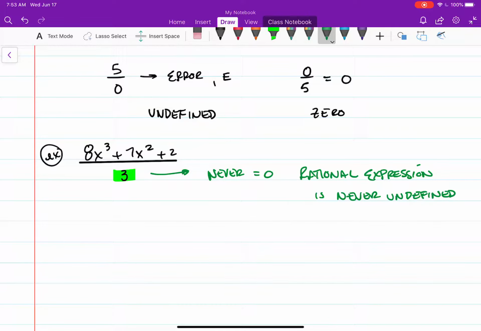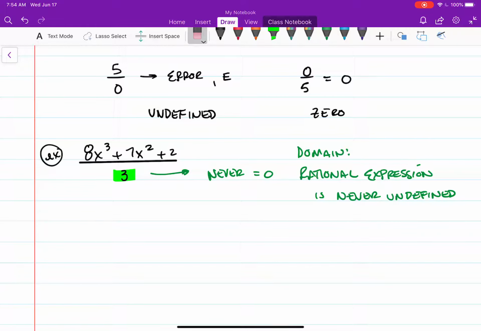The word domain means what possible x values can I use? I don't know if they're going to ask you about domain, but we're going to talk about it. So this is asking what numbers we can put in, in this case x, because the variable in here is x. Well, because there's nothing that's undefined, the domain is all reals.